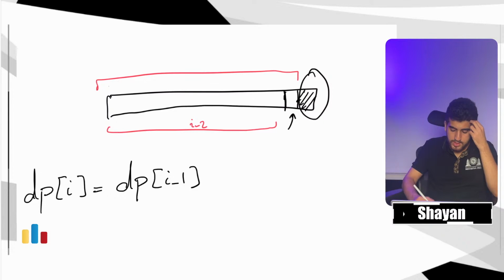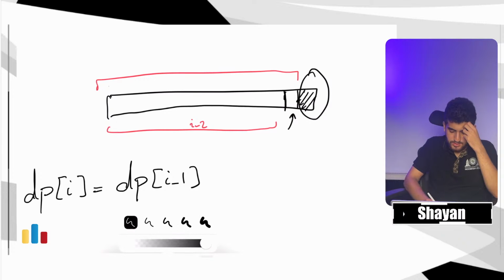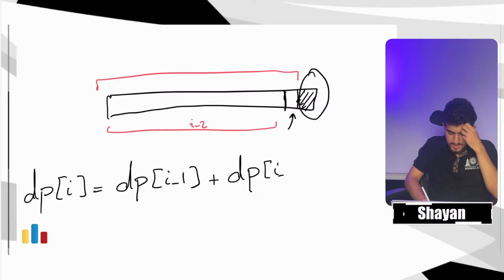So this one must be white, and now we have i minus 2 cells that can be colored any way. In any way that I solve it for i minus 2, the problem is going to be solved. It's only important that in this part I don't have 2 adjacent black cells. So I just need to add dp of i minus 2 to it. And because these numbers can be very large, I need to calculate this modulo mod.